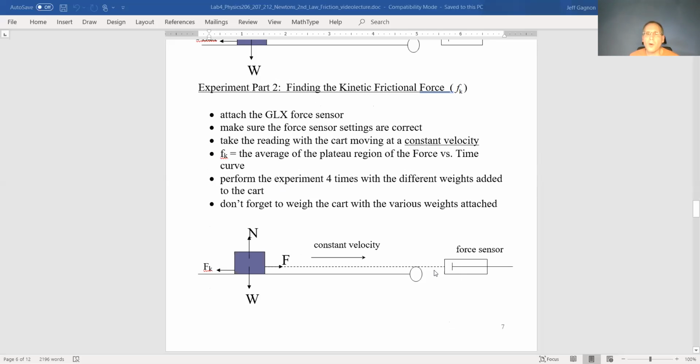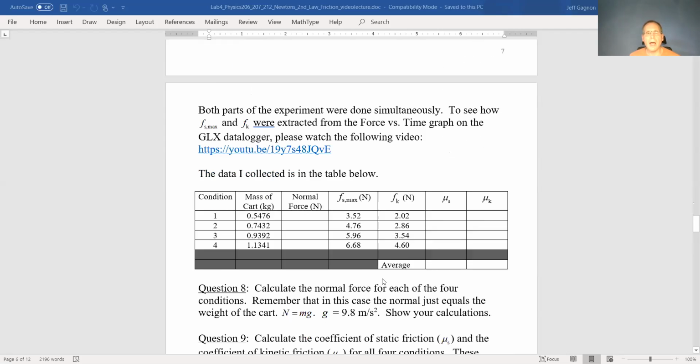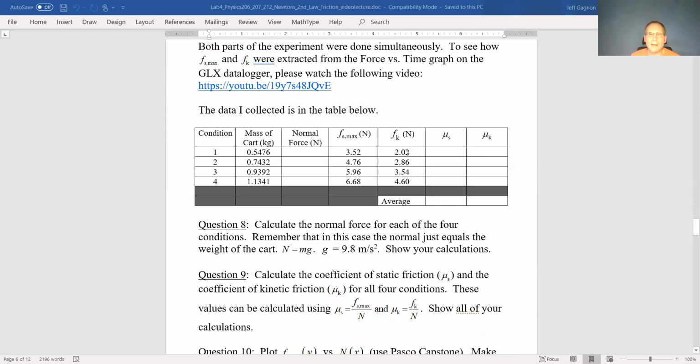Then we keep pulling the cart at a constant velocity, and the force we record from the sensor is equal to the kinetic frictional force. Let me go back to the iPad for a second to show you what this graph looks like. You can also look at the second video, where I analyze Fs max and Fk from the graph of force versus time. Let me just show you this quickly on the iPad.